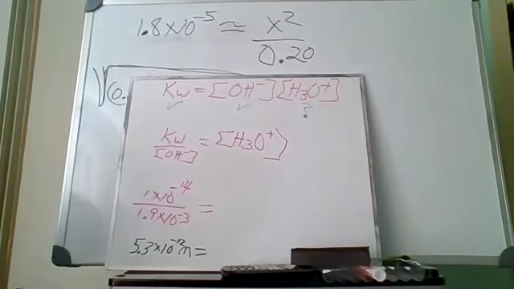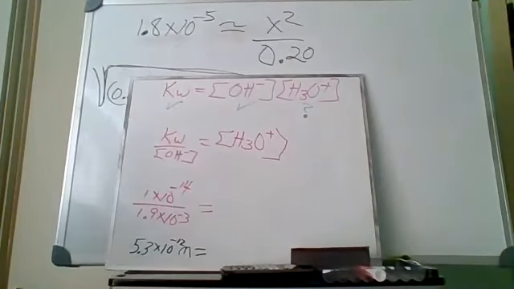A strong base, when you put it into water, it completely ionizes or dissociates. Do we have any of the original base left in that beaker? Yes, we do. So that tells us this is not a strong base, but a weak base.